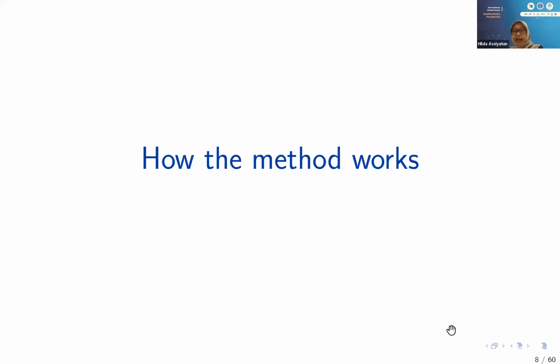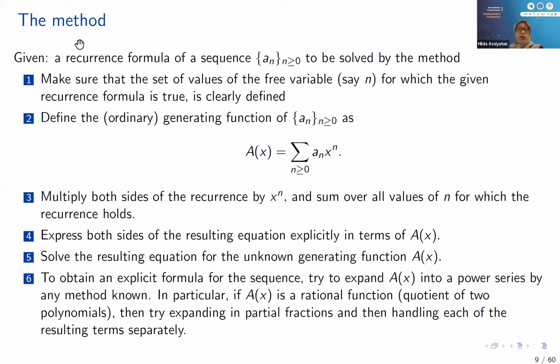Before the example, I think we need to learn how this method works, before we try it on a problem. To employ this method, first we are given a recurrence formula for a sequence a_n.